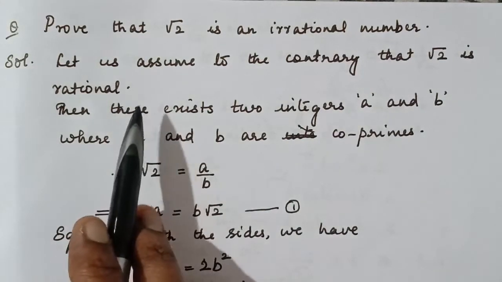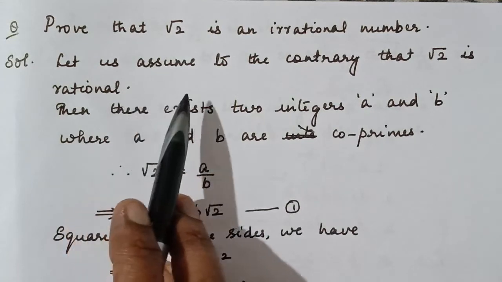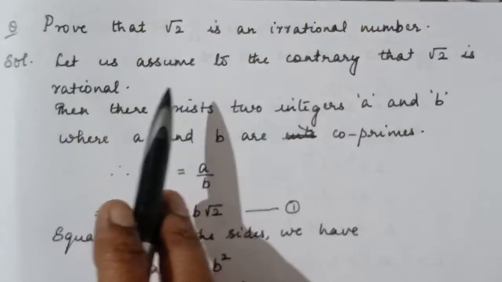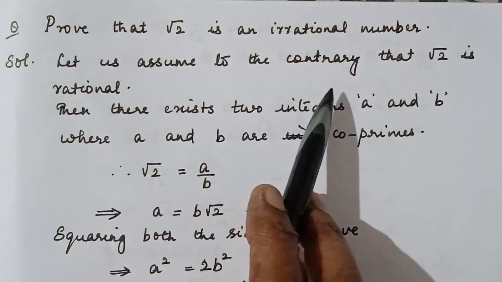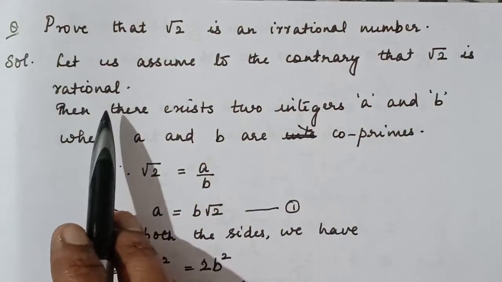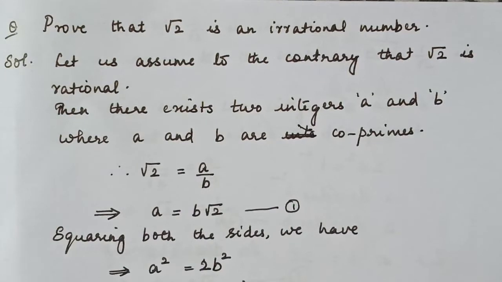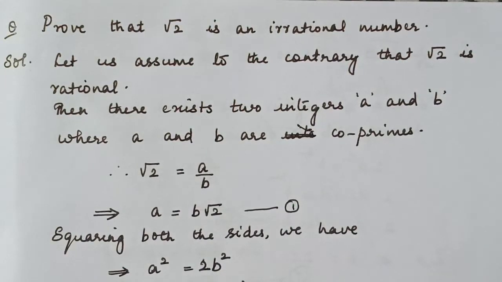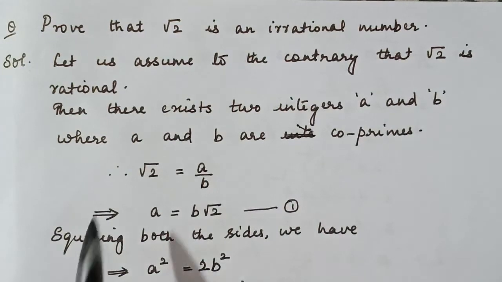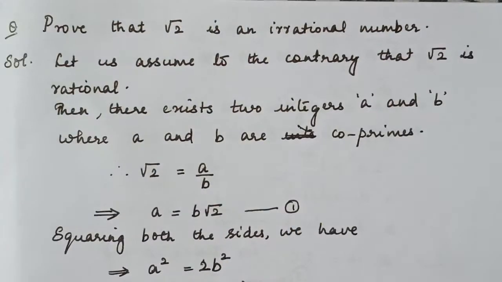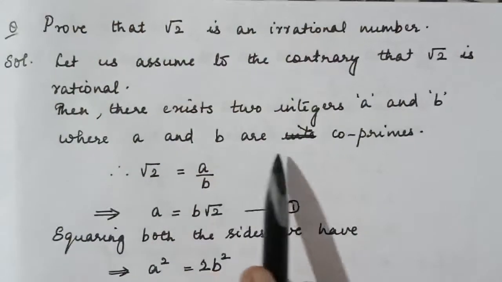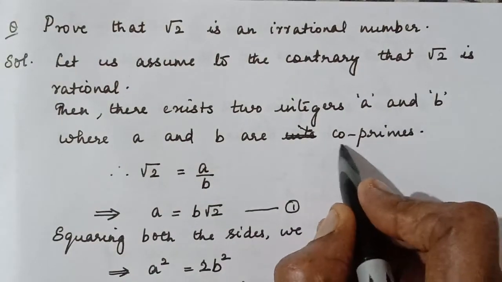So for proving that, at first we will assume that root 2 is rational. So let us assume to the contrary that root 2 is rational. So if it is rational, surely we can express it in the form p by q. So then there exist two integers a and b, where a and b are co-primes.